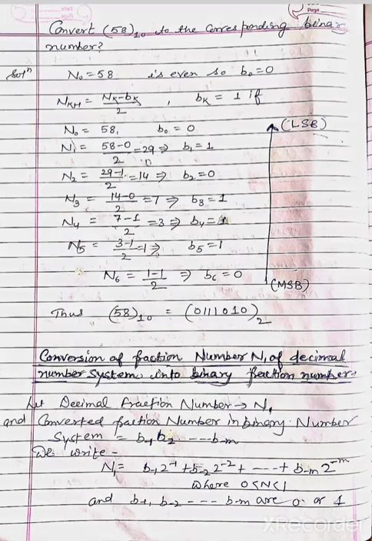Here, as n1 is the fraction number, the value of n1 is greater than 0 and less than 1, and b minus 1, b minus 2 up to b minus m are the bits in the binary number system that can have the values 0 or 1.